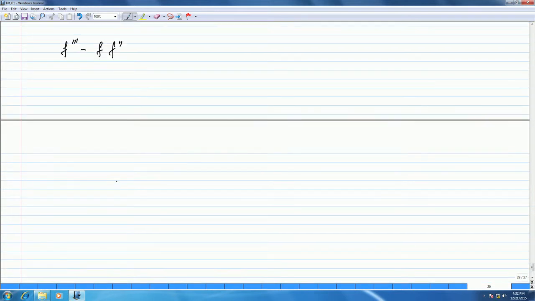I'm going to write it like this. This is my equation. Let y1 be equal to f.